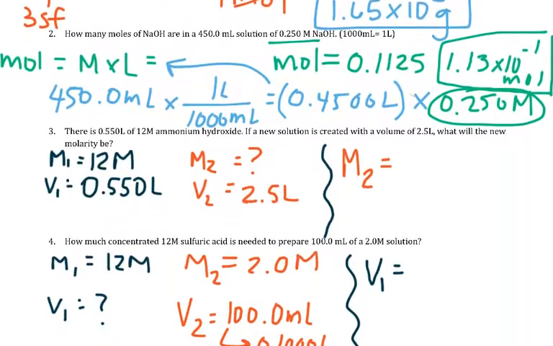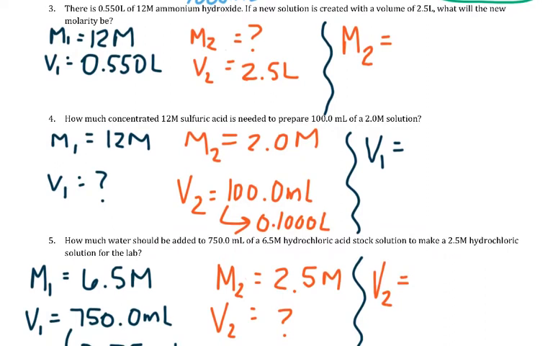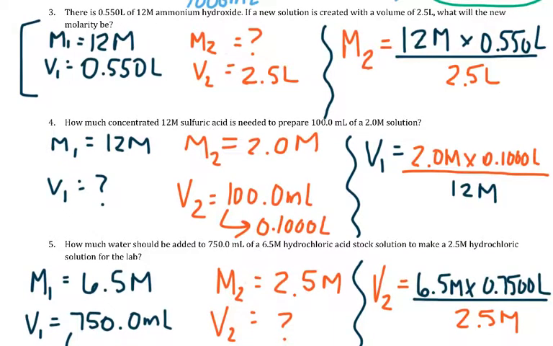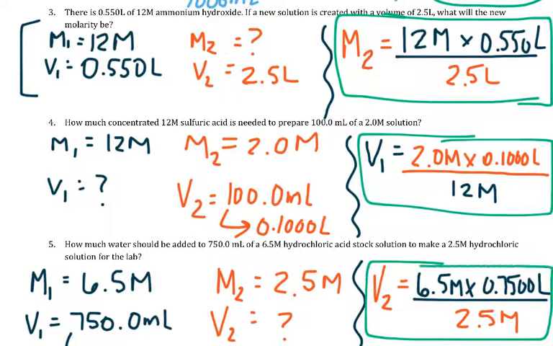So moving on to problems 3, 4, and 5. Remember, these are all dilutions, so I went ahead and set up all of my known and unknown variables, and then I'm just going to use the equation that I previously determined from earlier. So I went ahead and set everything up for question 3, question 4, and question 5 down here at the bottom.